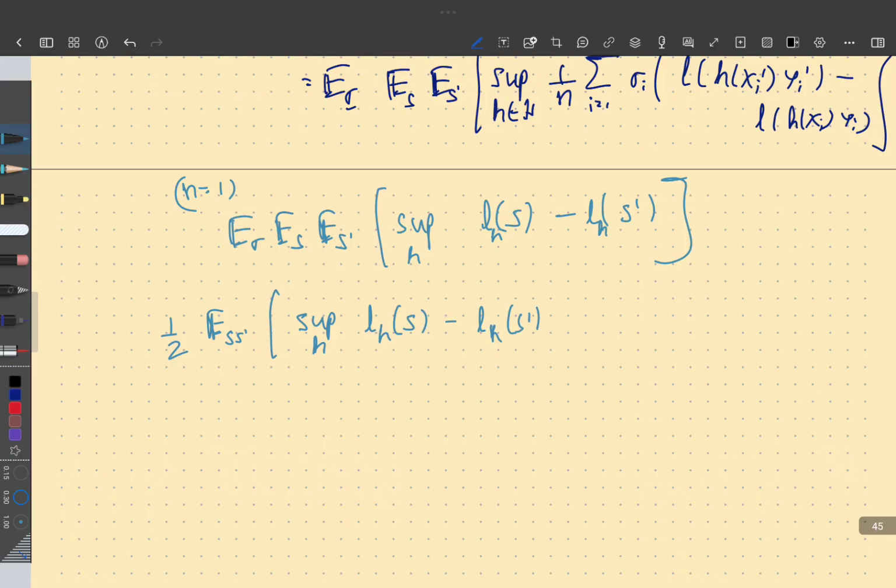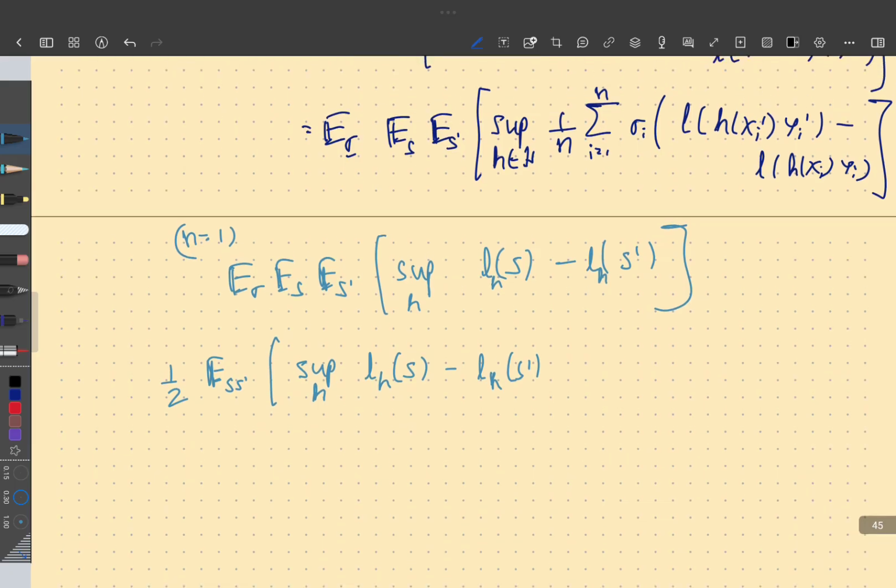Which sigma? I'm just taking n equal to 1 for convenience, so sigma 1 would be sigma times LH. Correct. Okay, let's not worry about sigma at the moment. I'll bring in the sigma later.